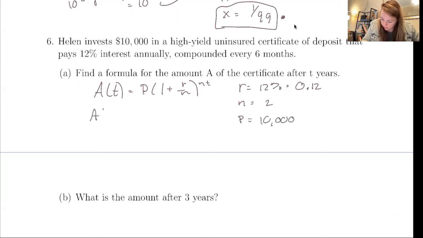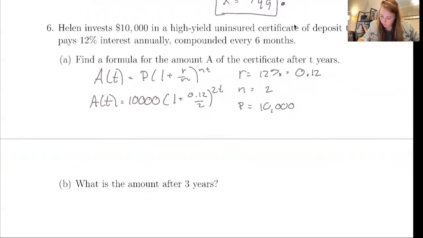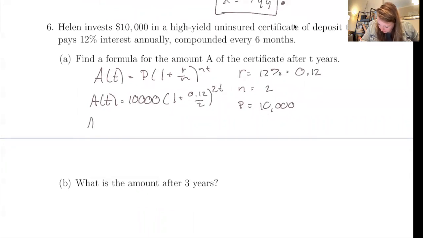So I have A(t) equals 10,000 times (1 + 0.12/2) to the 2t. And I can, if I wanted to, make this a little easier on myself: 10,000 times 1.06 to the 2t, right?